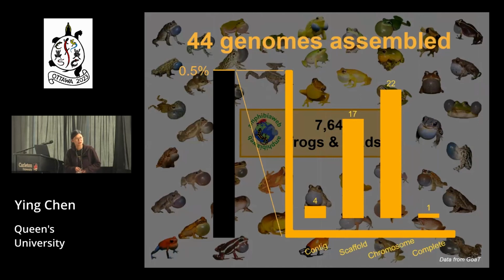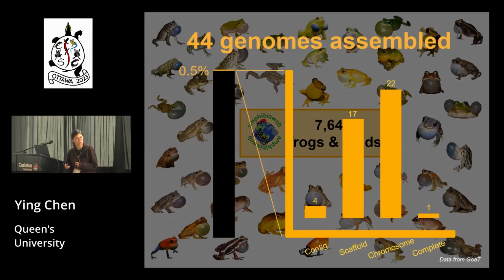In contrast to the species diversity, the genomic resources are relatively limited compared to other taxa, such as mammals and birds. So far, we only have 44 genomes assembled, which is only 0.5% of the species diversity. And half of them are contig and scaffold level, which just means the genome is fragmented and gives much less power in showing the structural variants and so on.